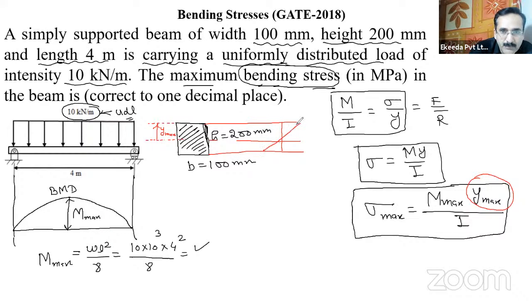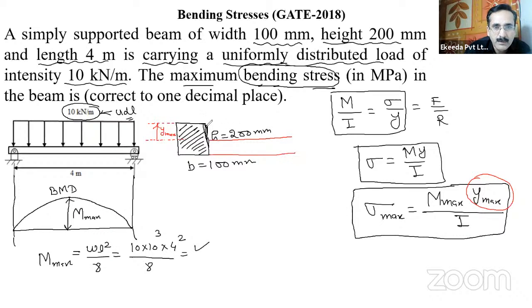So this is the variation, linear variation, and this is the maximum bending moment, sigma max.